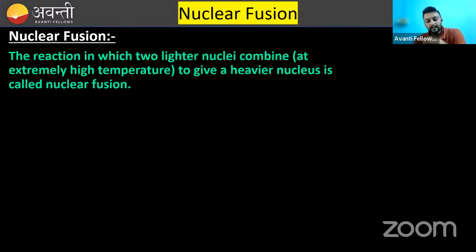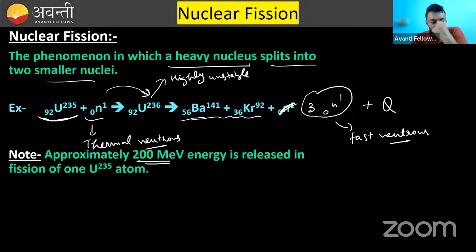Nuclear fusion. The opposite of that process is nuclear fusion. In this fission topic, what you should revise by yourself is the nuclear chain reaction. Just have a look at your notebook or your NCERT book.